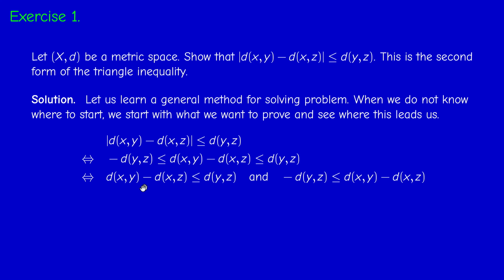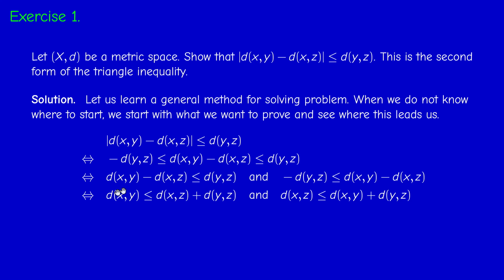Now, if you add d(x,z) to this inequality, you get d(x,y) less than or equal to d(x,z) plus d(y,z). And now if you add d(y,z) to the other one, you get d(x,z) less than or equal to d(x,y) plus d(y,z).